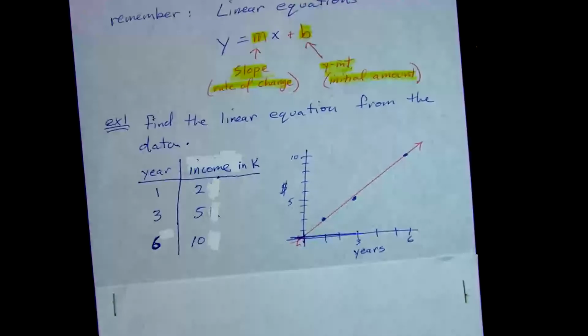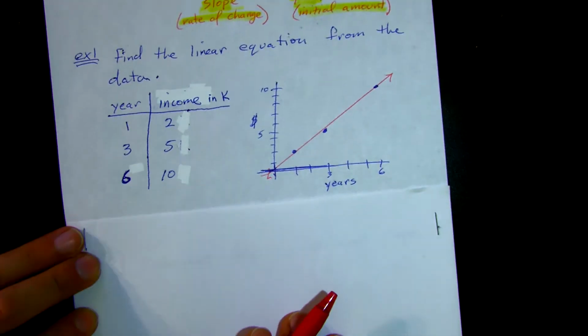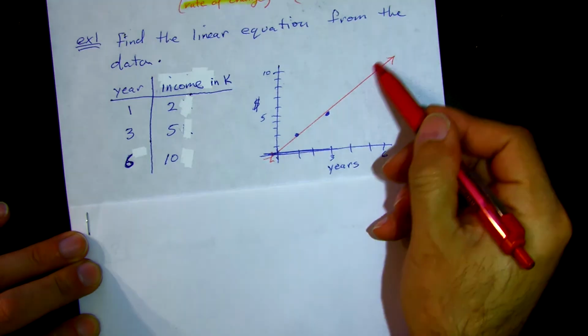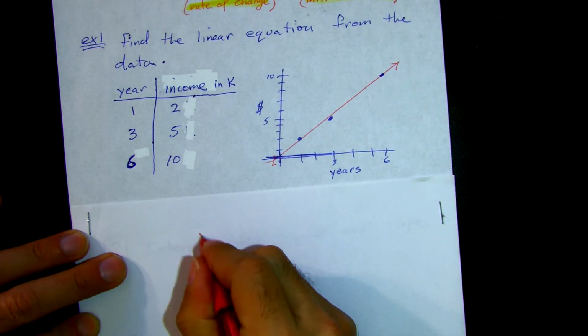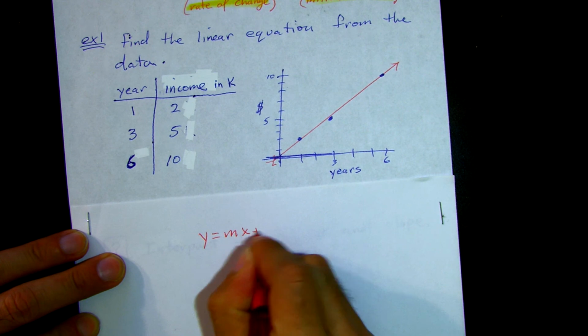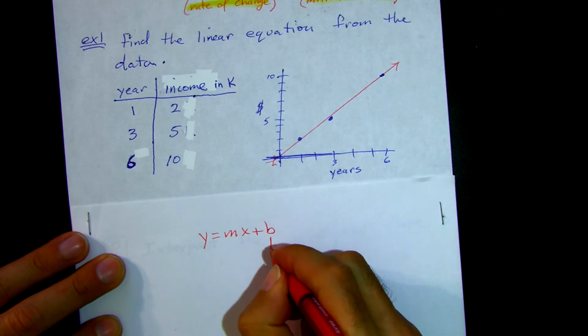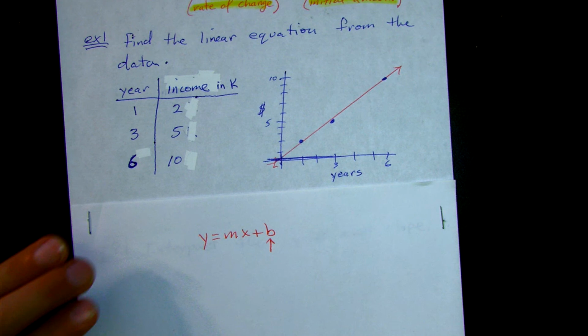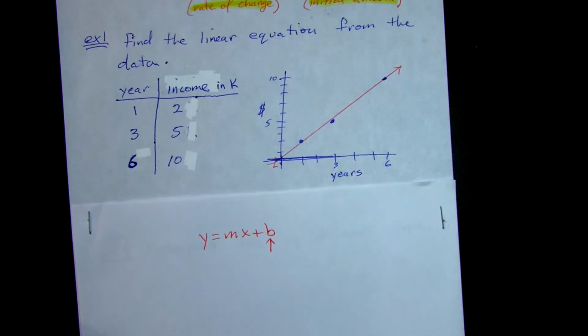All right, now watch what I'm going to do. I'm going to find the equation for this line using this. Okay. First off, I know what B is. What is B? Somebody tell me in the chat. Approximately what's B? What's B?